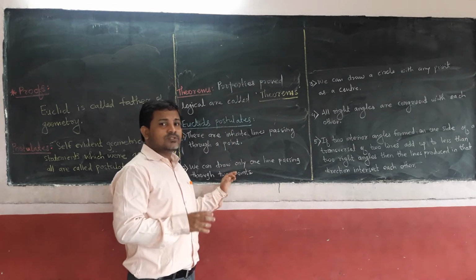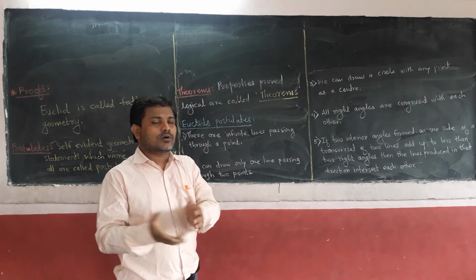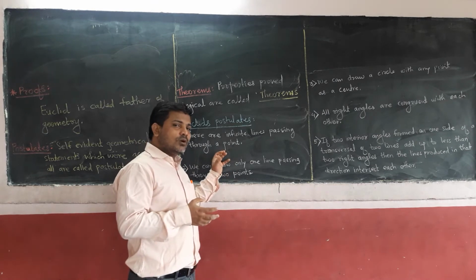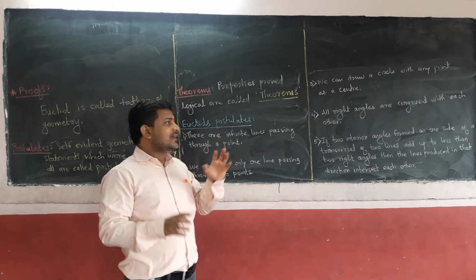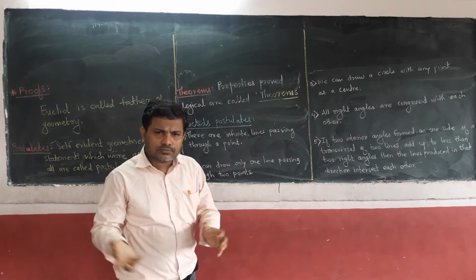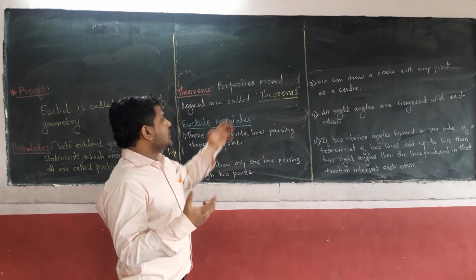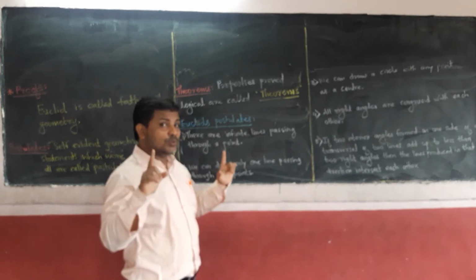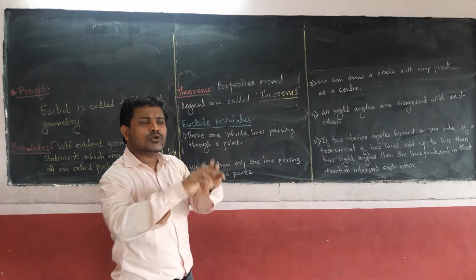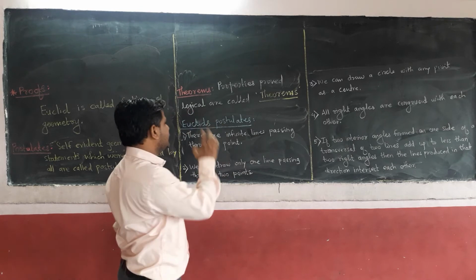So I request all of you that whenever the lecture is going on, pay attention and learn what I am saying. If any doubt, you can ask me. So properties proved logically are called theorems. जो theorems, जो statements रहते हैं वो logically prove हो गए, इसका ये मतलब है वो theorem.